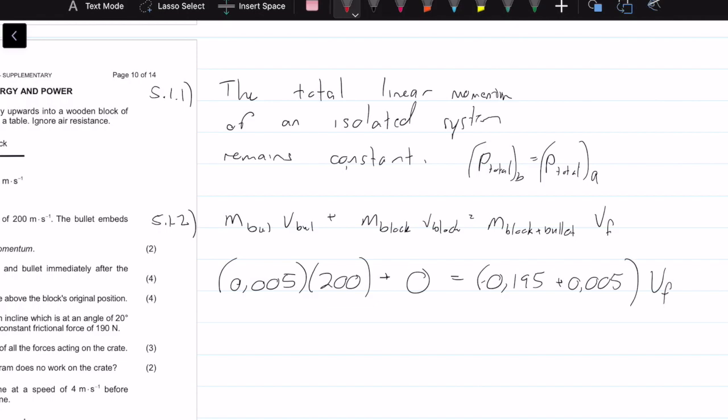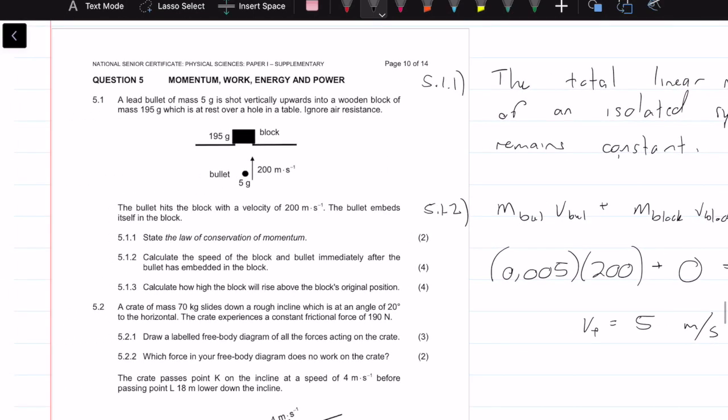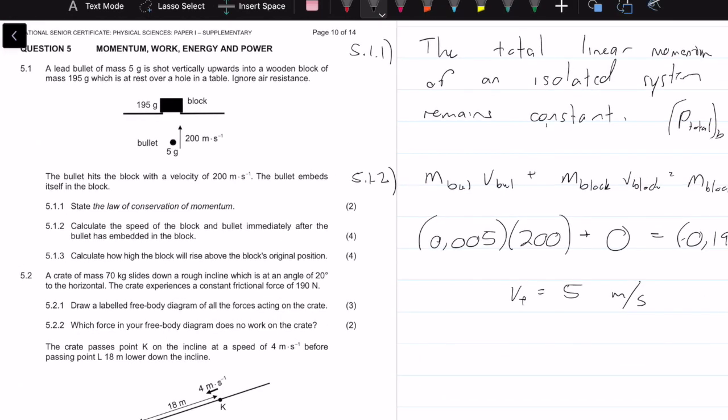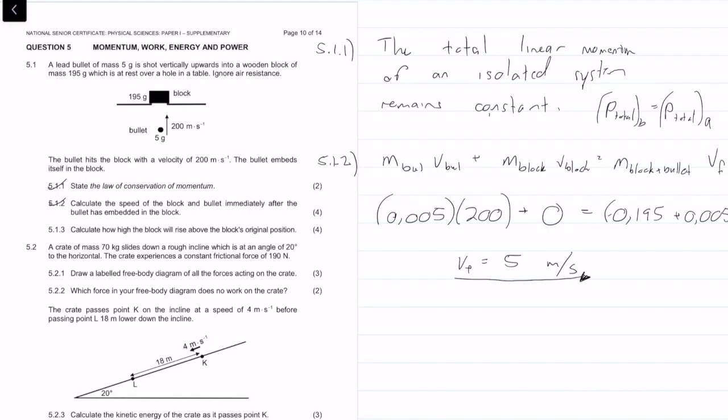In this equation, Vf is the only unknown, so we can solve for Vf, which is equal to 5 meters per second. It asks for the speed, so there is no direction. And we get ourselves 4 marks. Next we're going to go on to 5.1.3.